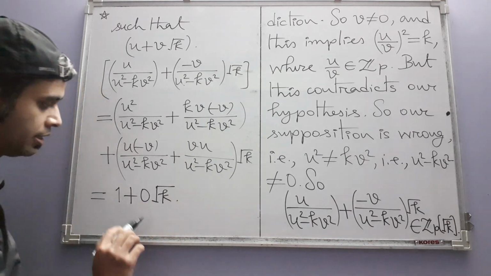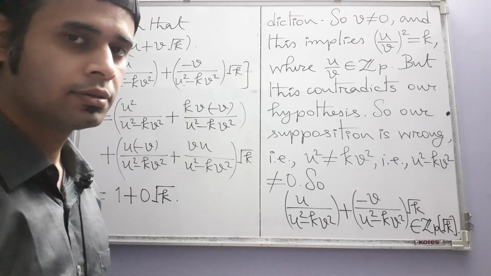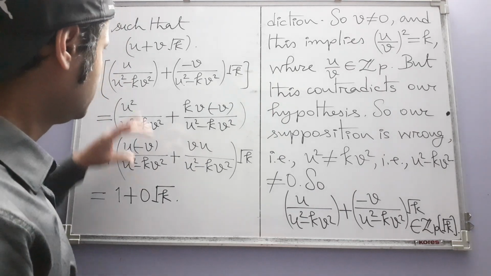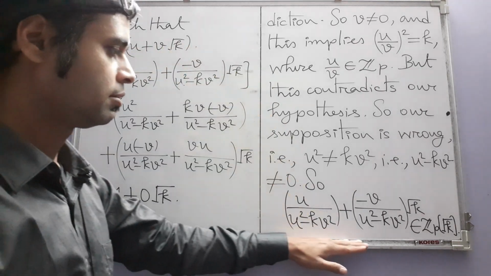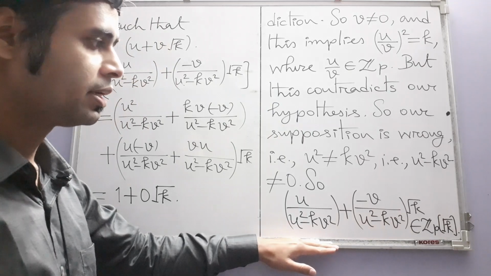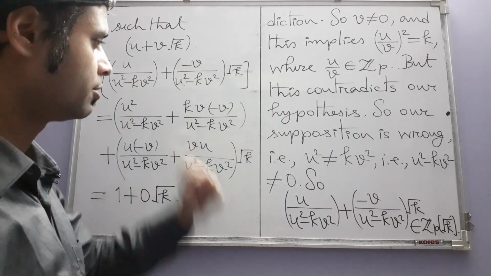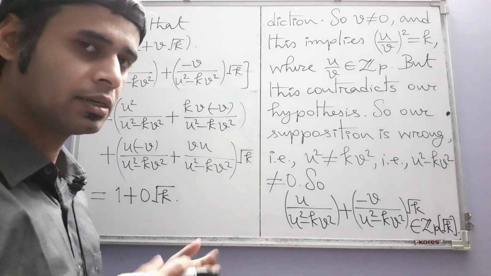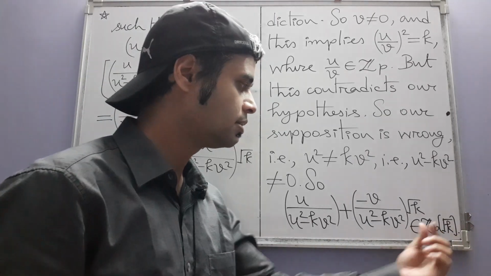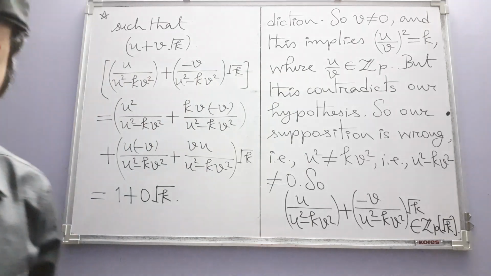Yes, so you are actually getting the unity in your ring, and that is why this is the multiplicative inverse of our non-zero element, and this proves that our system is a field.